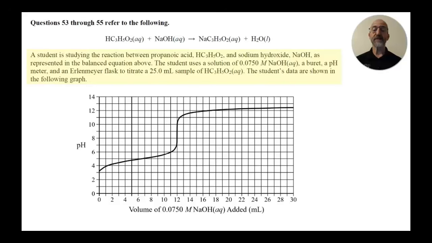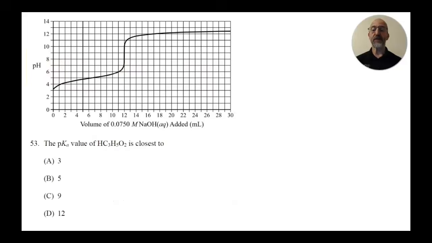The student uses a solution of 0.0750 molar sodium hydroxide, a burette, a pH meter, and an Erlenmeyer flask to titrate a 25 milliliter sample of propanoic acid. The student's data are shown in the following graph. So we have a titration curve. Let's look at question 53.